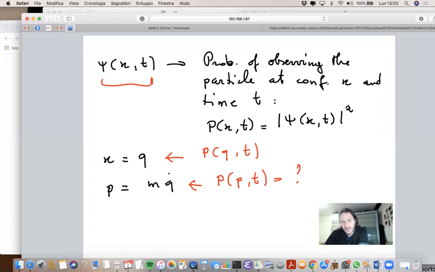However, it doesn't tell me anything about the momentum. It doesn't tell me what the momentum of a particle is. I have an uncertainty about the momentum.